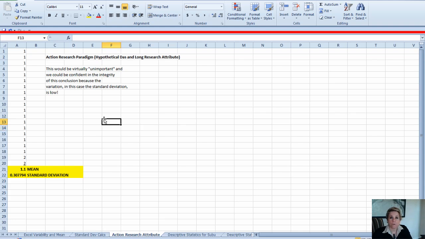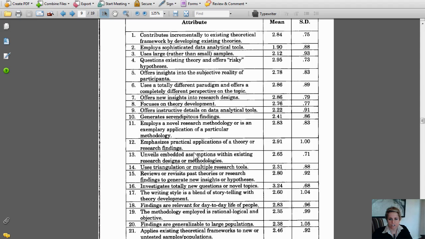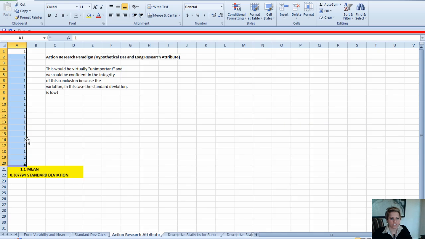So what I pretended is that we have 20 response rates on the action research paradigm, as though the same people who responded to the Dawson-Long article responded on the action research attribute.